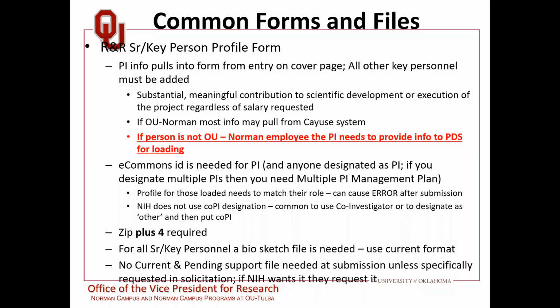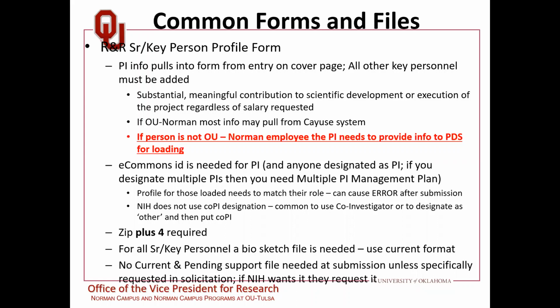So it's like their title, their director, their division, their college, their address, their phone number, their email. You also will need their biosketch, and if they're going to be another PI, and we'll talk about this in a minute, their eCommons ID number. The eCommons ID number is needed for the PI and anybody who's designated as a PI.